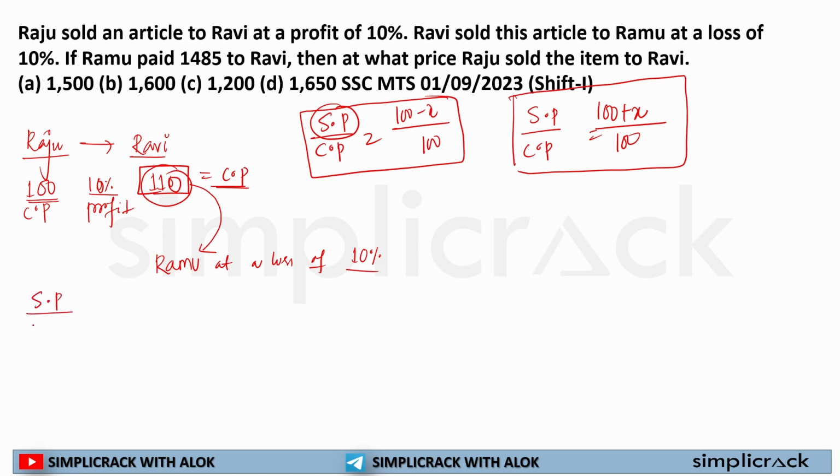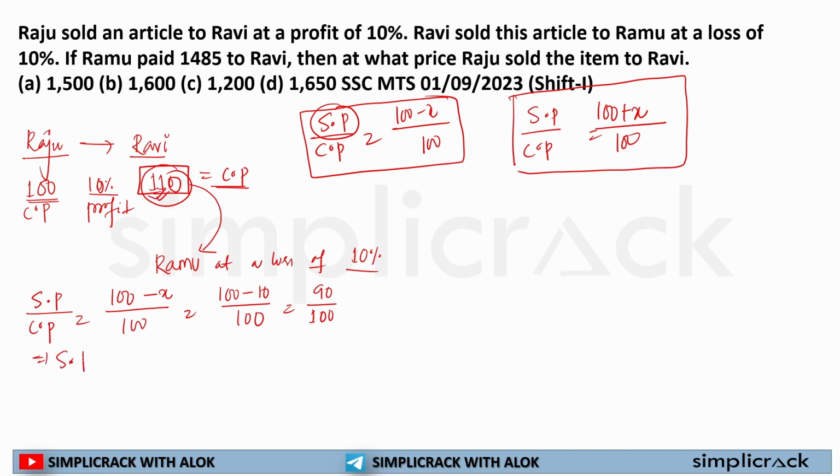As you know, sir, sales price by cost price is equal to (100 minus x) by 100 when it is a loss. Here x percentage is 10%. So 100 minus 10 by 100, it is 90 by 100. Selling price by cost price is 90 by 100. Now my cost price is 110.